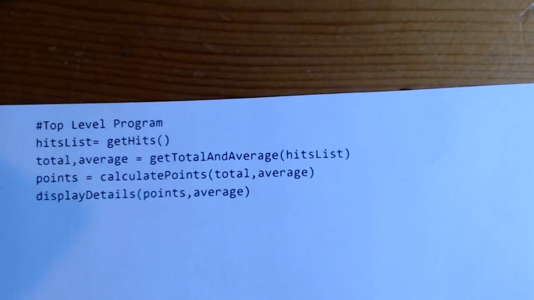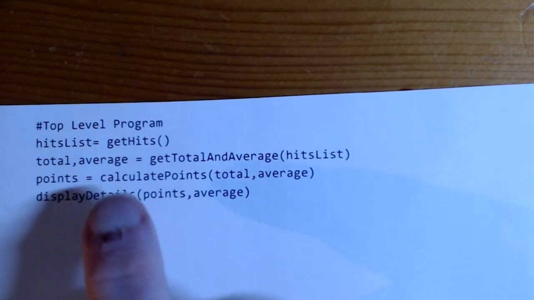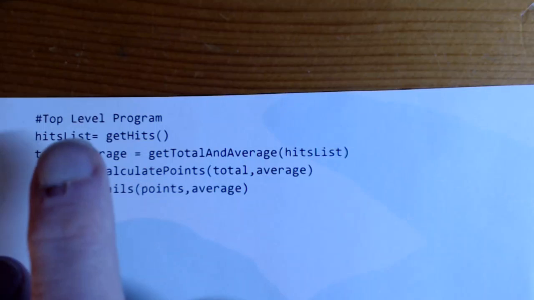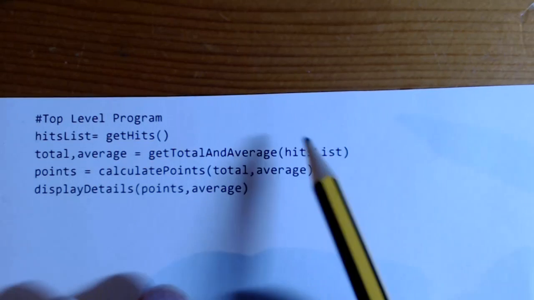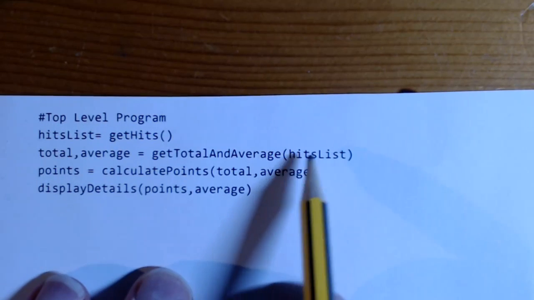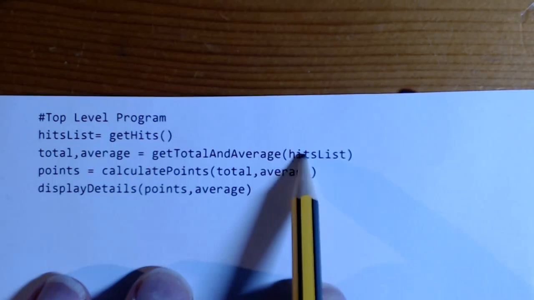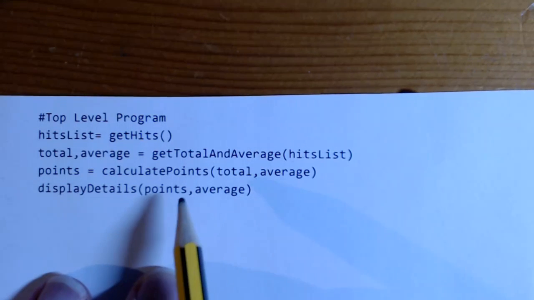So what we've got here is a top level program. This actually sits at the bottom of this code in Python, and it calls upon each function to do a specific task. If it needs information or data to do that task, it will pass it through these parameters. So each within the brackets is 1 parameter, that's 2 parameters it's passing, that's 2 parameters.